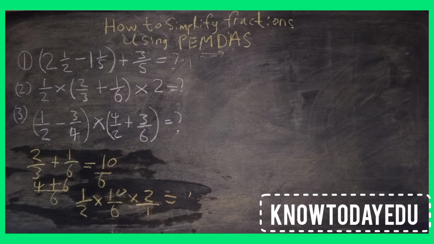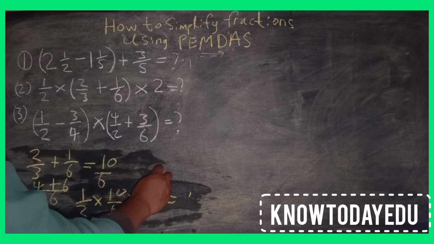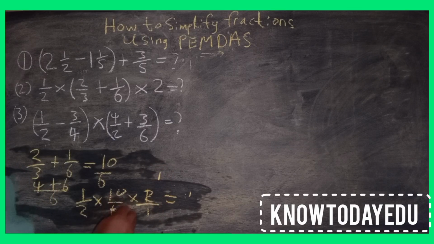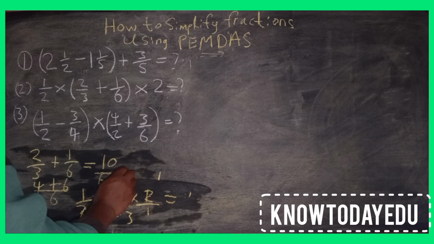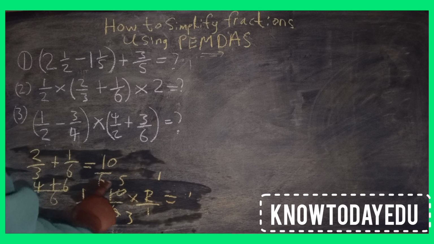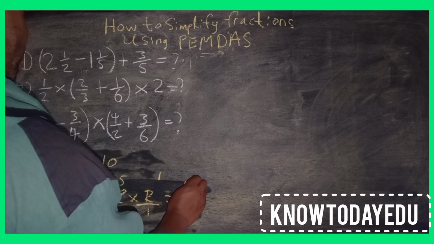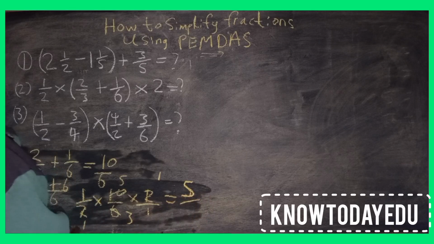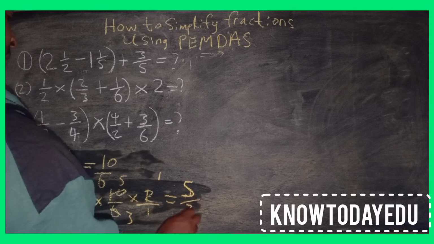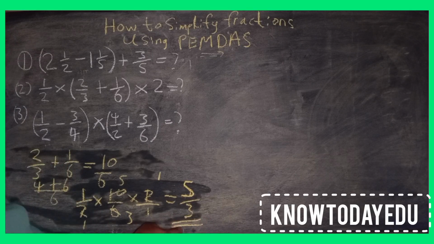So if we say 2 goes here is 1, 2 goes here is 3, 2 goes here is 1, 2 goes here is 5. So 1 times 5 times 1 is still the same as 5, on 1 times 3 times 1 is 3. So this is the answer for the second example.